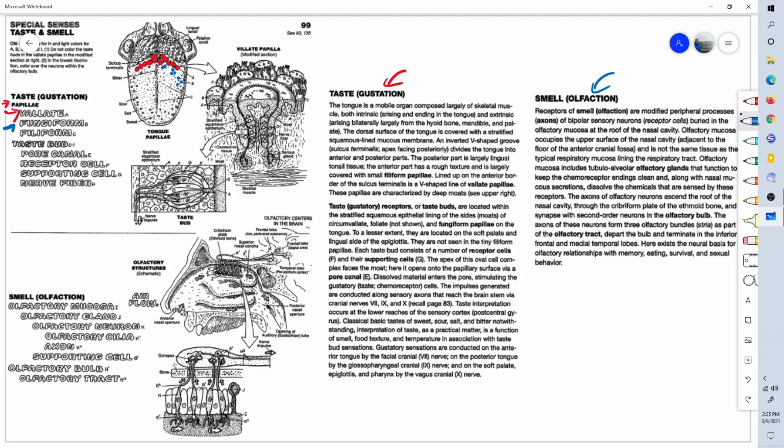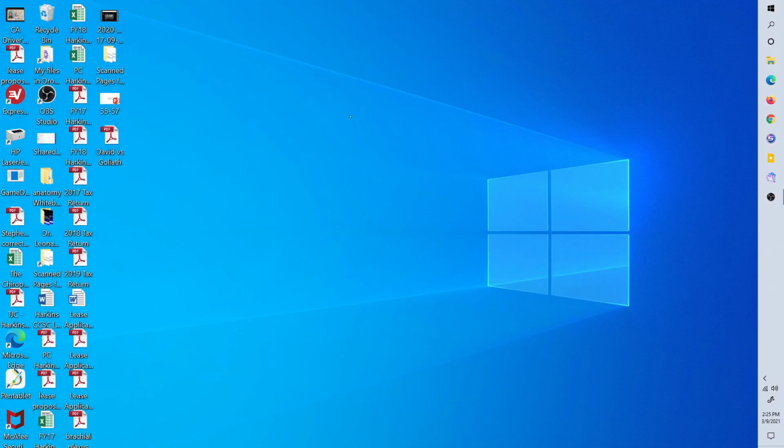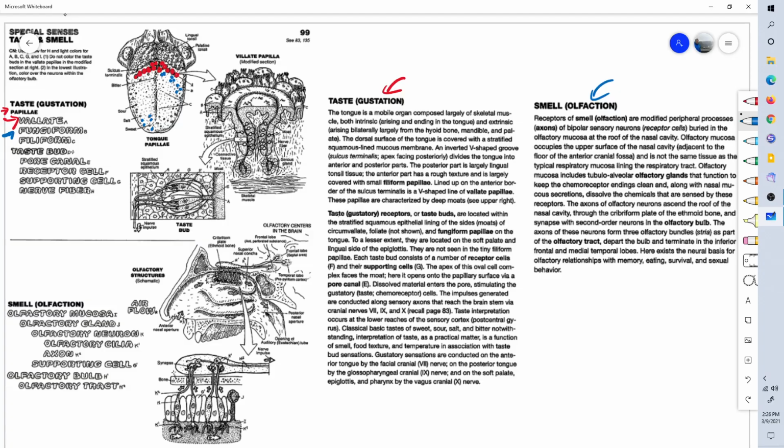They are found all around the tongue, front and back. And filiform papillae, which are the tinier bumps on your tongue.